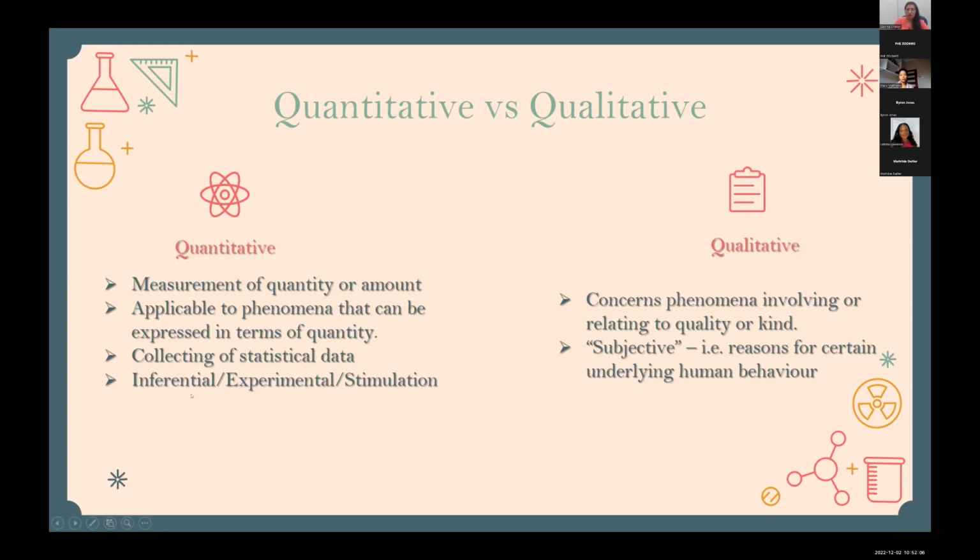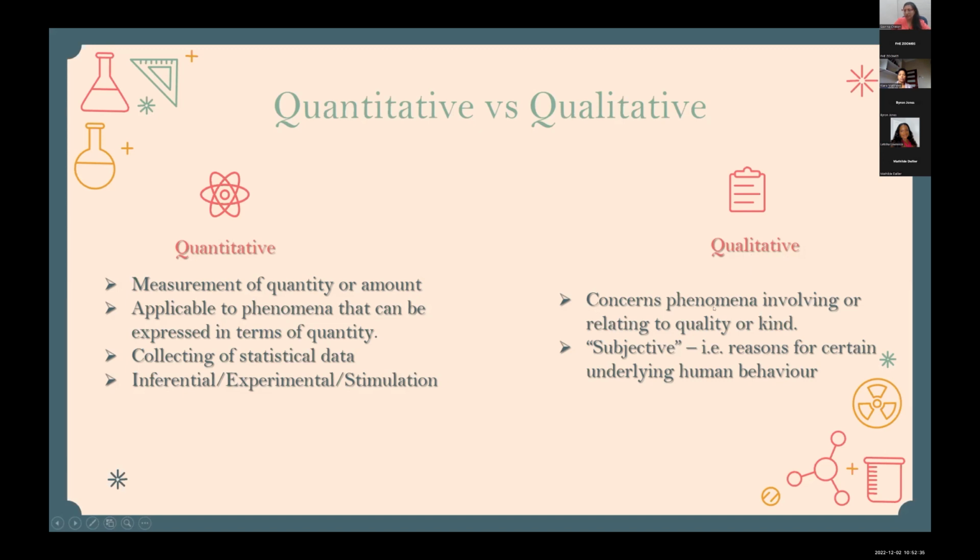And of course, it can be inferential, experimental, or simulation. A simulation, sorry, not stimulation. A simulation, because you can also create an environment. You can simulate an environment, and from there on, you collect data from the simulated environment and analyze that data. So these are also the possibilities, the subdivisions within the quantitative research.